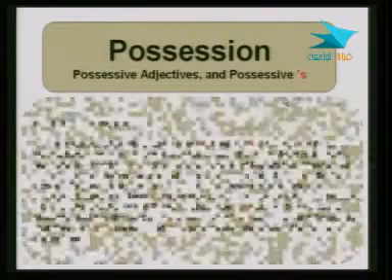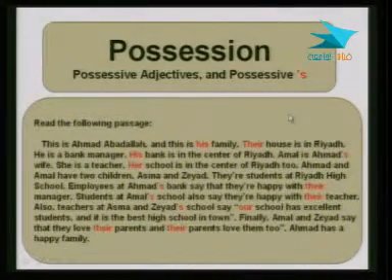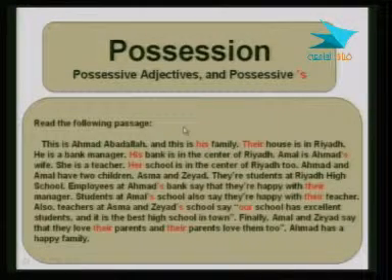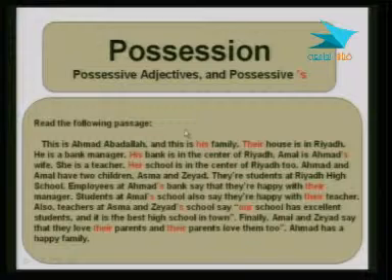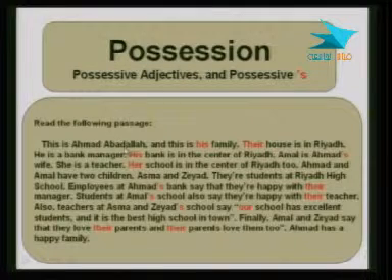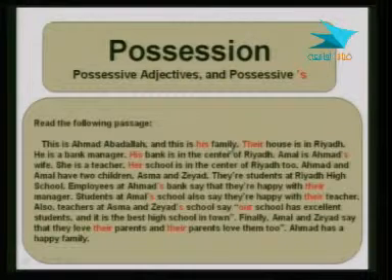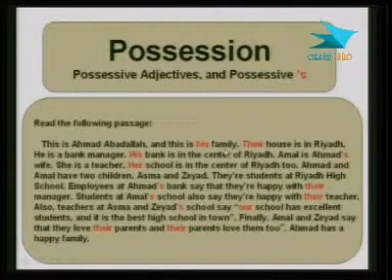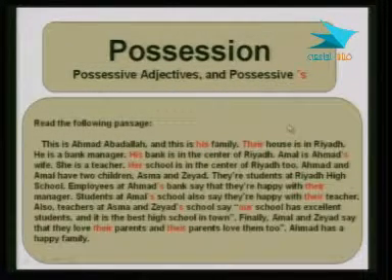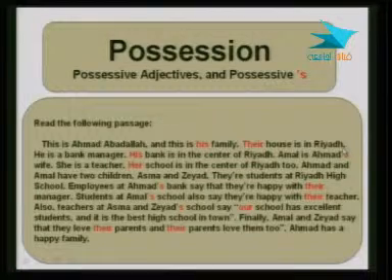Again, let's read this passage together. Read the following passage. And then after that, we'll discuss it. We'll have some questions about it. This is Ahmed Abdullah. And this is his wife. This is his family. So this is Ahmed Abdullah, and this is his family. Their house is in Riyadh.